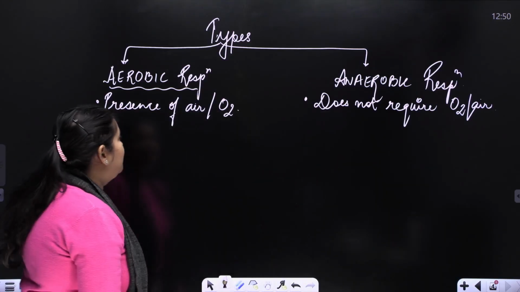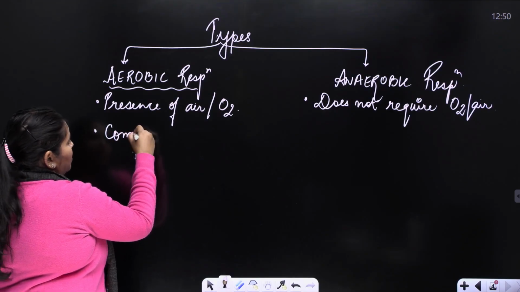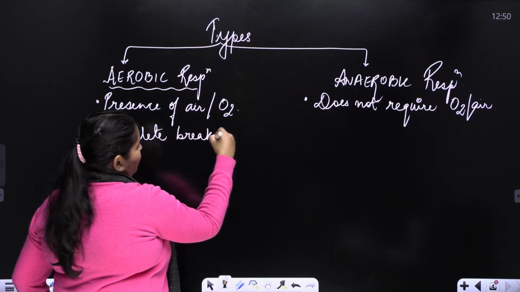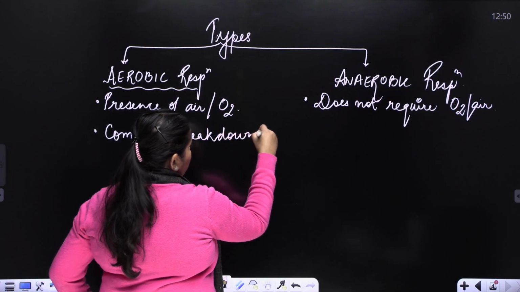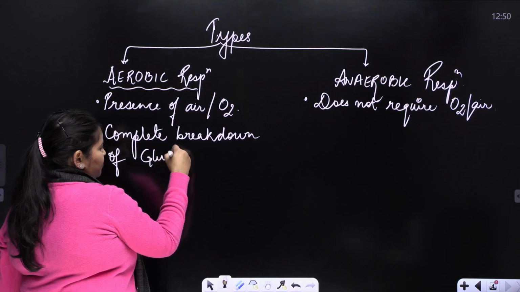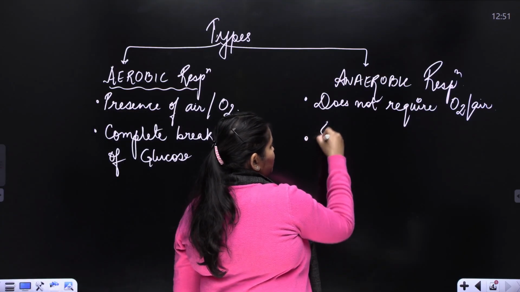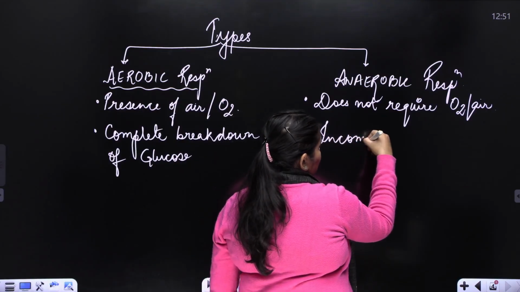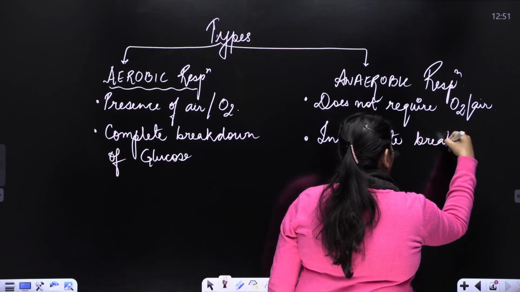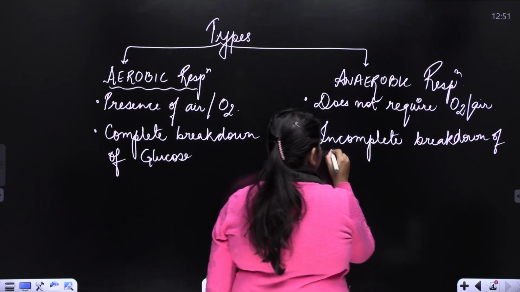All right. Aerobic respiration involves complete breakdown of glucose. And anaerobic respiration involves incomplete breakdown of glucose.